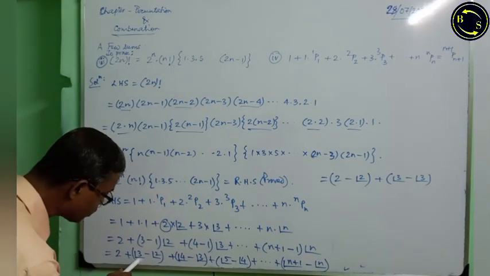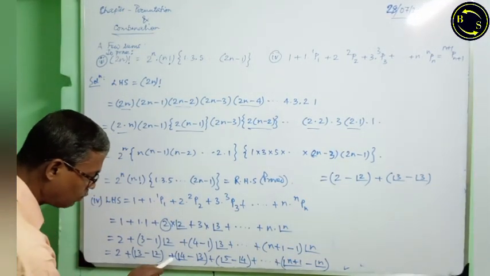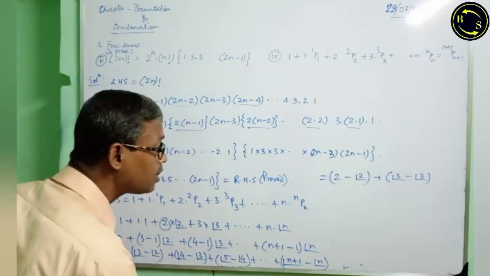You note factorial 3 positive, here it is negative, factorial 4 positive, here it is negative.